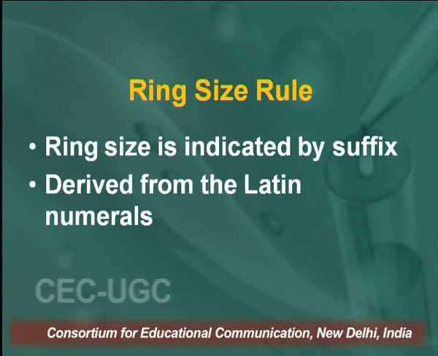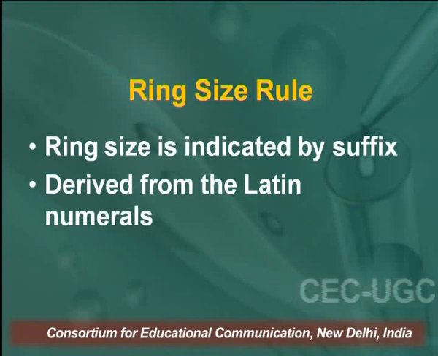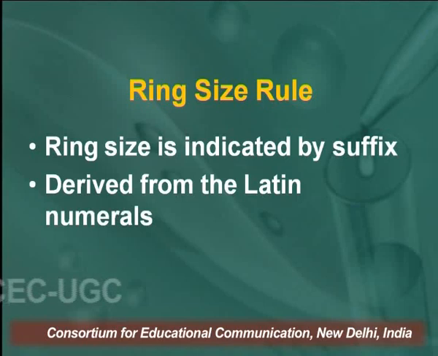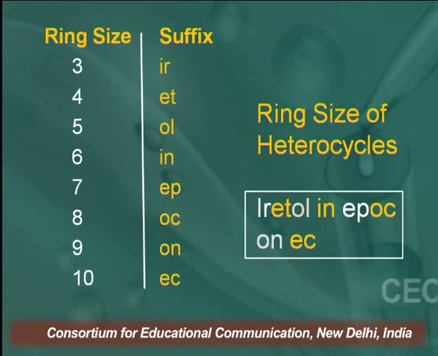Second important rule, the ring size rule. Ring size is indicated by suffix or suffixes, right? The suffix is derived from the Latin numerals, and it's very important, you have to memorize it also. If the ring size is 3, it means the heterocyclic compound has a 3-membered ring, the suffix will be ir, I-R.